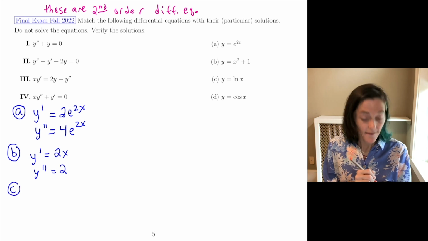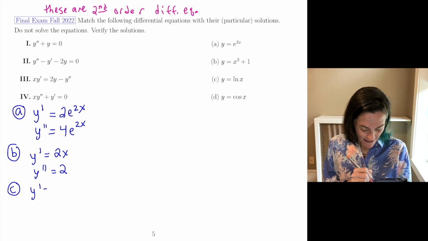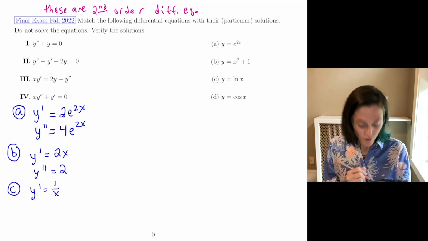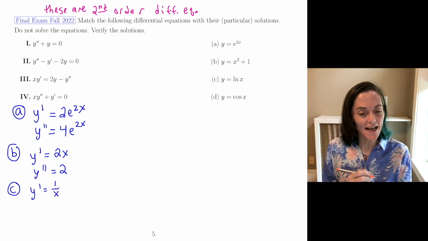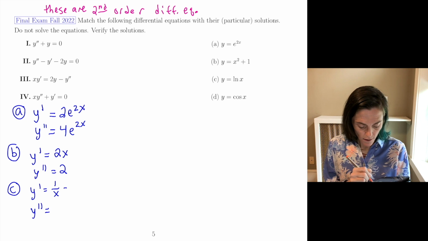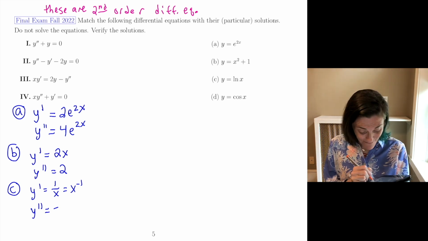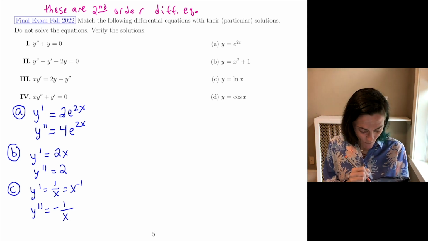Letter C. Y prime is 1 over x, derivative of natural log is 1 over x, and y double prime, well, you see this is x to the minus 1, so we would have minus x to the minus 2, or minus 1 over x squared.